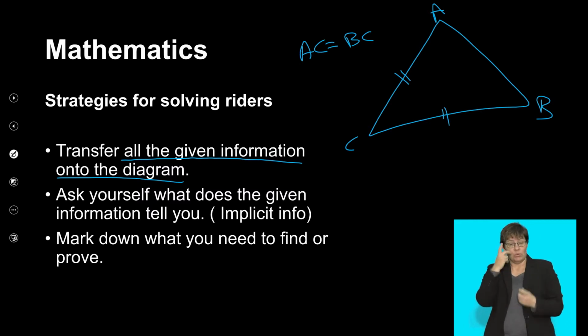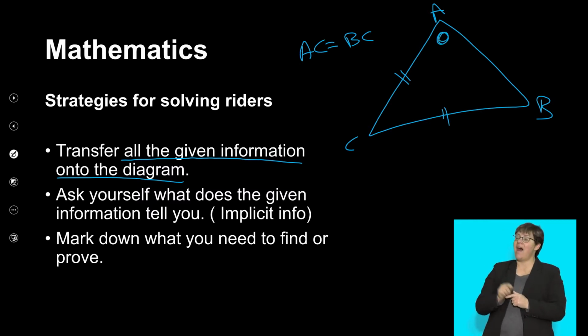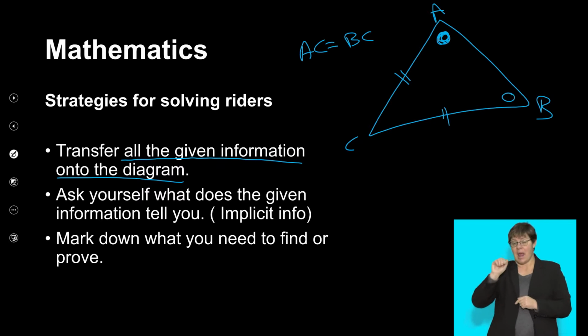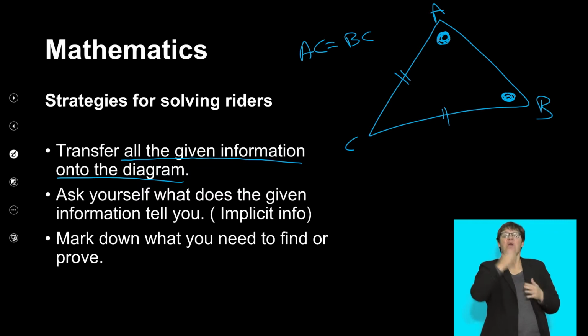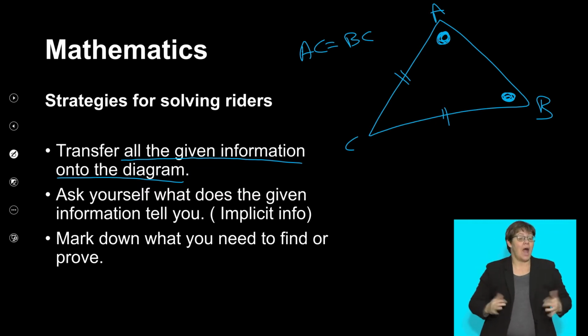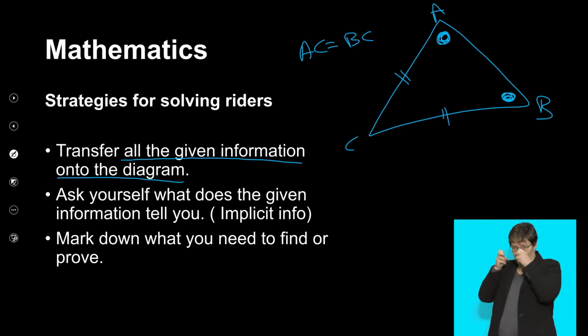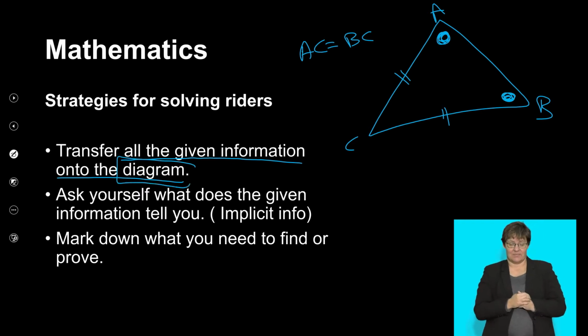Because as soon as you do that, you will see that you can then say angle A is equal to angle B, because it becomes an isosceles triangle. Do you see? Now I've added an extra thing based on being told one thing, but I can only do that if I transfer the given information onto my diagram, please.